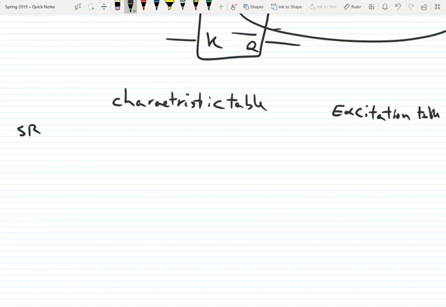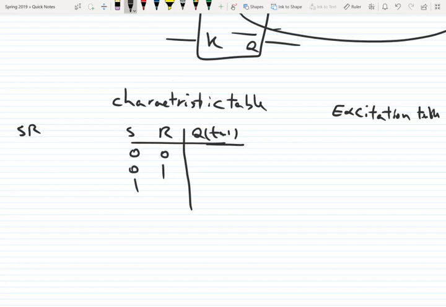The characteristic table of the SR flip-flop, we already learned it 2 months ago. Q of t plus 1. This is the characteristic table: 0, 0, 0, 1, 1, 0, 1, 1.